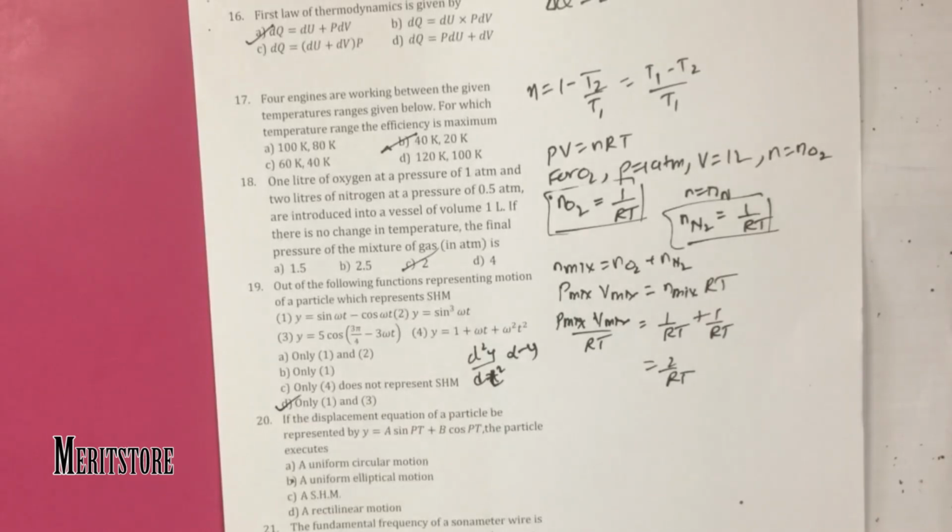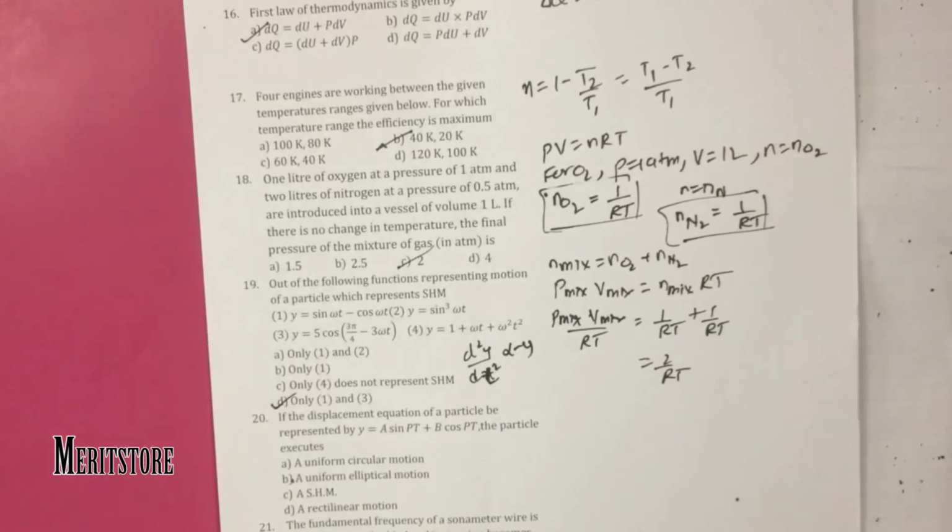Question 20. If the displacement equation of a particle is represented by y equals a sin pt plus b cos pt, the particle executes.